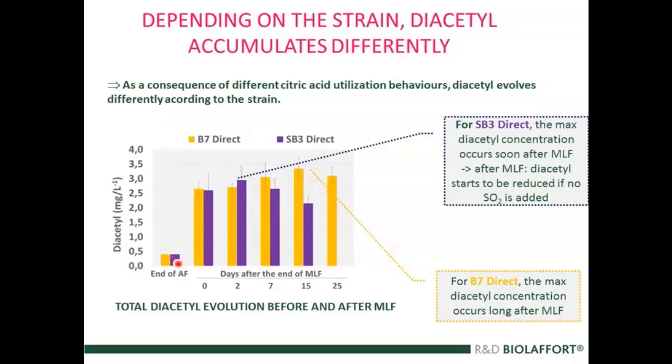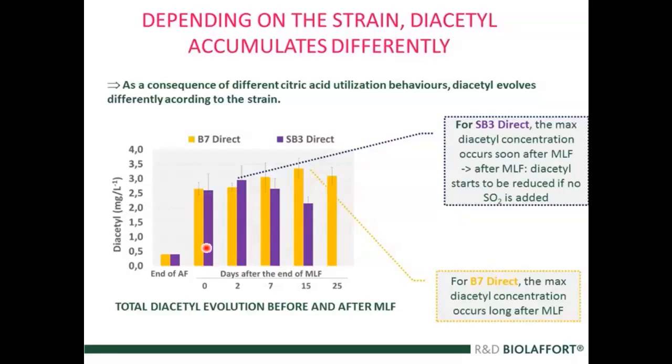So here's the amount of diacetyl at the end of alcoholic fermentation when SB3 hasn't had the opportunity to perform malolactic fermentation yet. And this is, in purple, the amount of diacetyl that is found in a wine that has been fermented malolactically with SB3 immediately after malolactic fermentation, 2, 7, 15, and 25 days after malolactic fermentation.